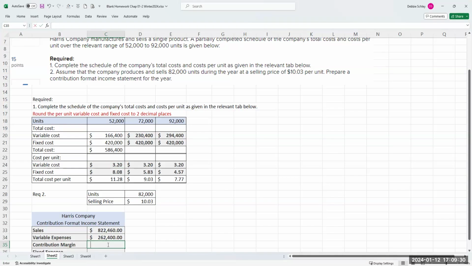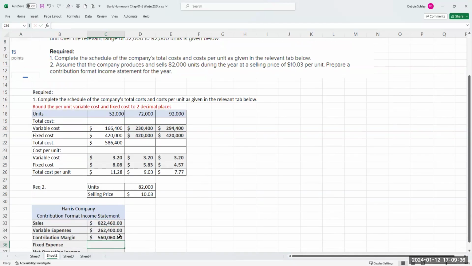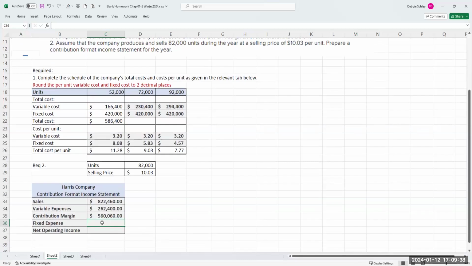And then if you remember, contribution margin is calculated by sales minus variable expenses. And then my fixed expenses, remember my total fixed expenses is the same no matter how many units I produce and sell. It's like rent. It's the same from month to month. And then net operating income is calculated by taking contribution margin minus the fixed expense.